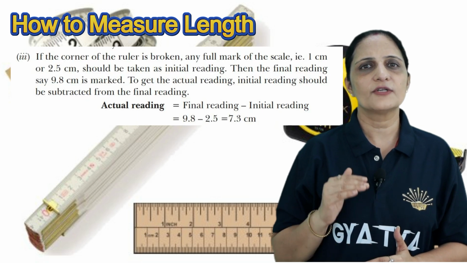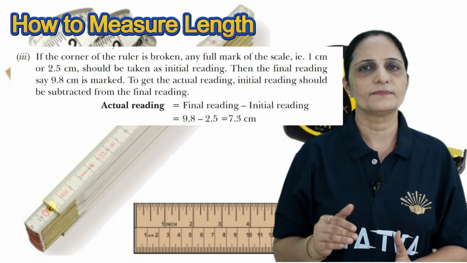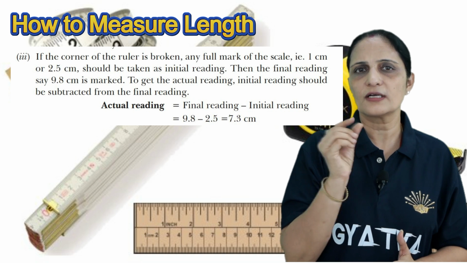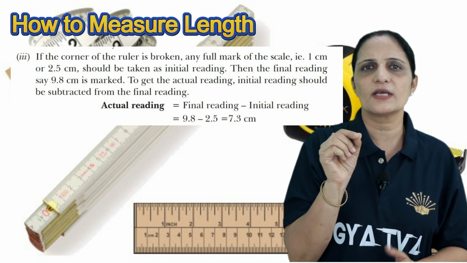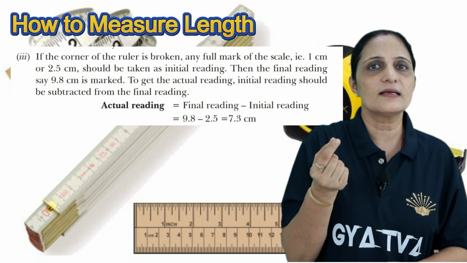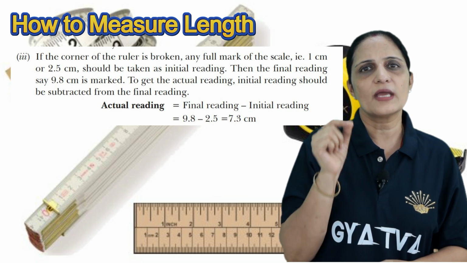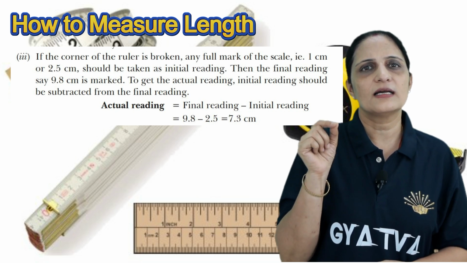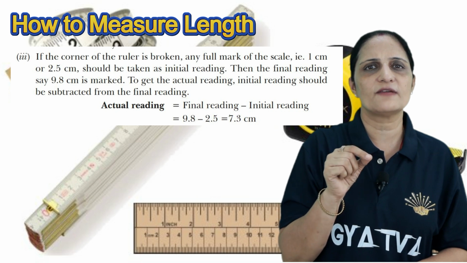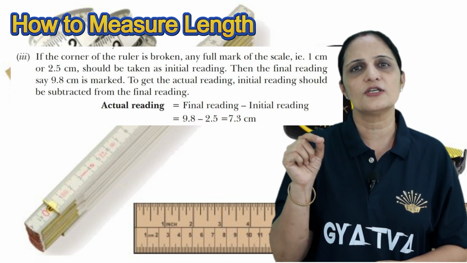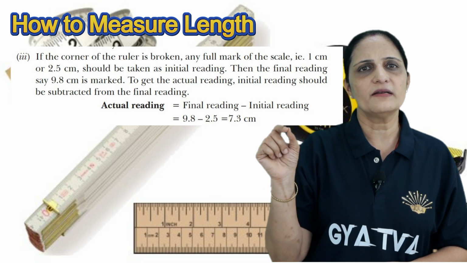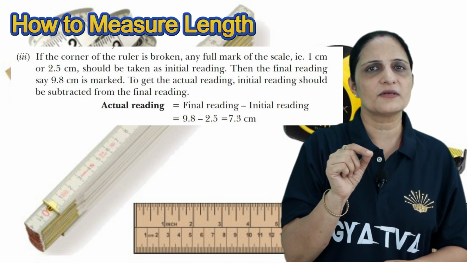Third point, if the corner of the rule is broken, or slightly damaged, or the reading from there is not coming clearly, then any full mark of the scale, that is 1 centimeter or 2.5 centimeter, should be taken as the initial reading. Then the final reading, say it is 9.8 centimeter, is marked.